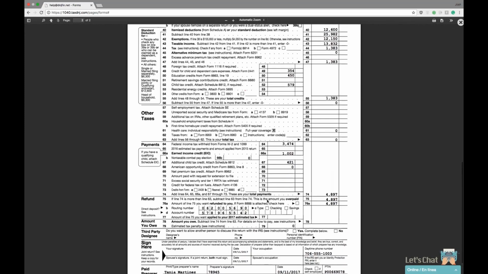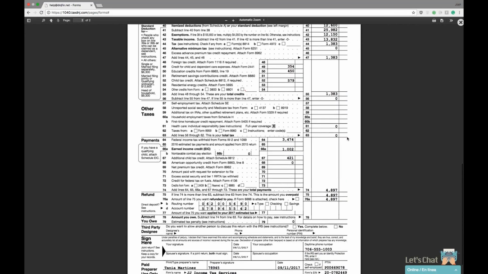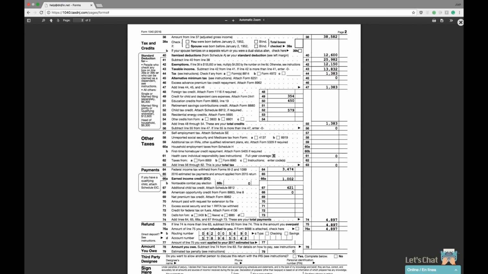So check it out. This one's packed with examples, right? This one has a lot of stuff. So here we go. You already understand. Here's your taxable income. Here's your calculated tax, but you also have a bunch of credits. You have your child tax non-refundable credit of $354, right?